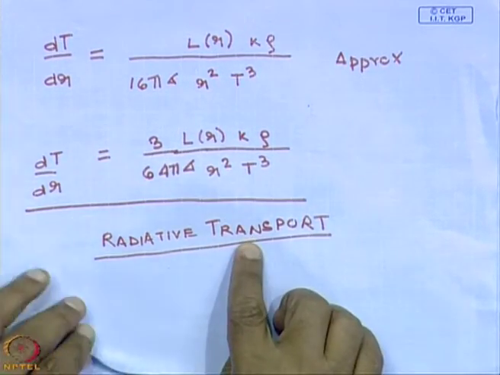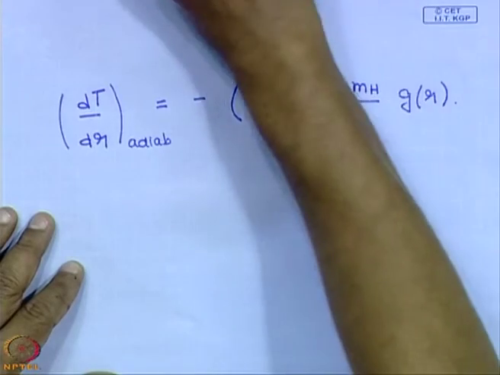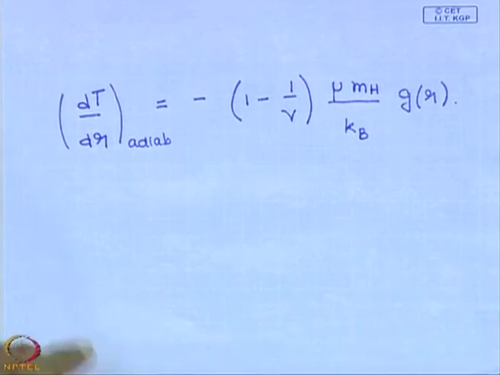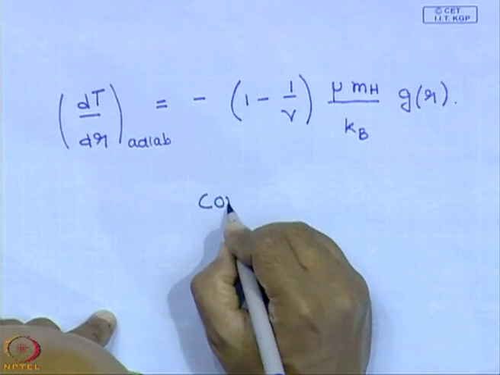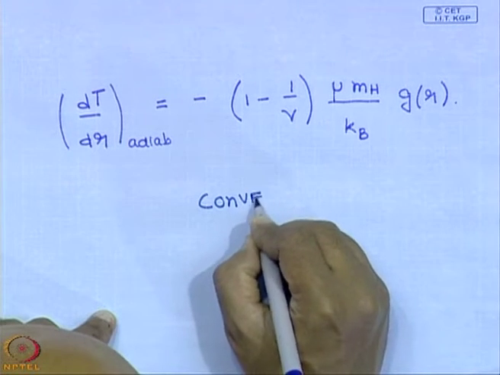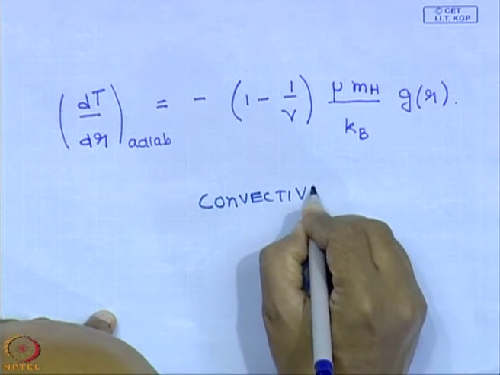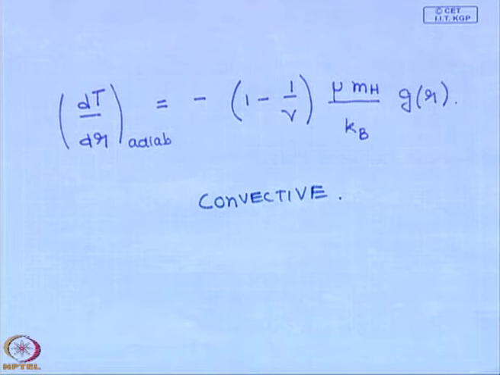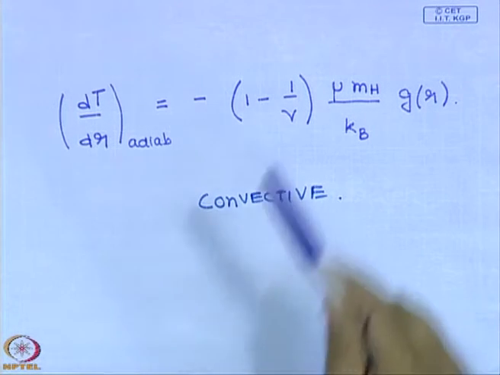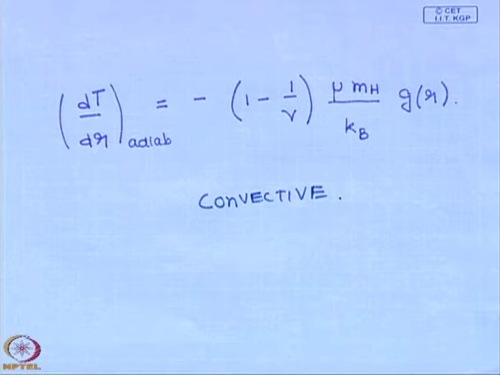If it is radiative transport, you have this. If it is convective transport, you have this, and which of them you have to use is to be determined by seeing which one is larger.